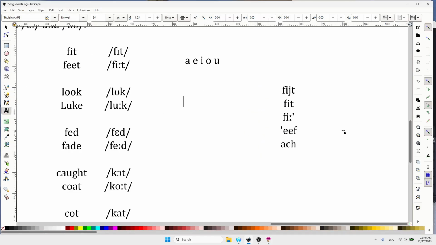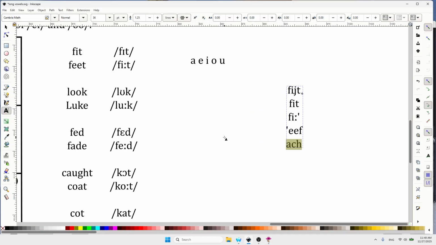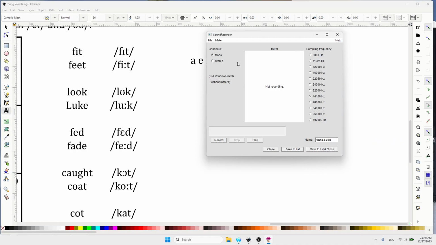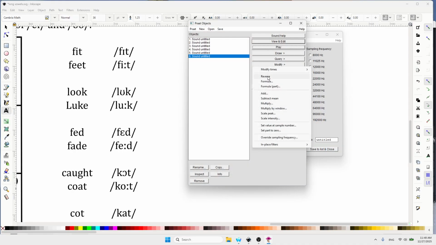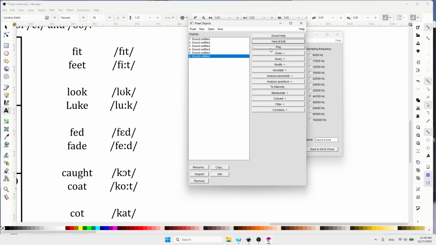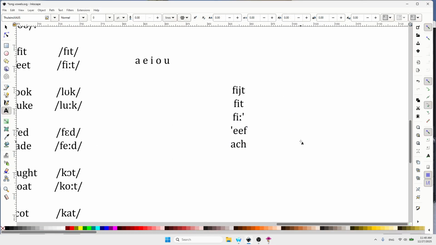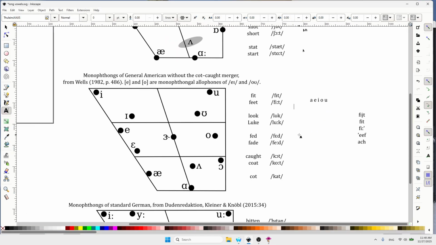Yeah, that doesn't sound like cat. I don't know what sound that is, but what I can do is say ack. Cat, cat, cat. That does not sound like cat at all, I have to be honest, but whatever.